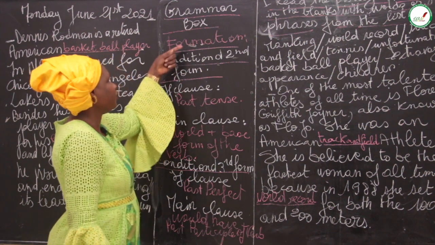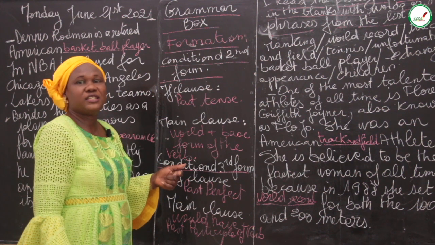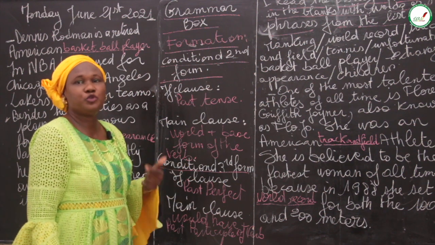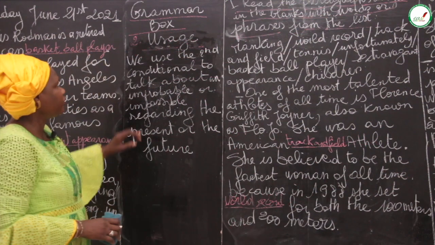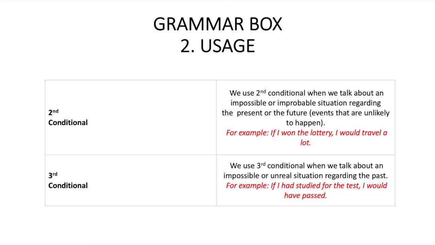Now, after the formation, we are going to see the usage. How do you use them? Okay, so for the usage, we use the second conditional to talk about an improbable or impossible situation regarding the present or the future. I'm going to give you an example.